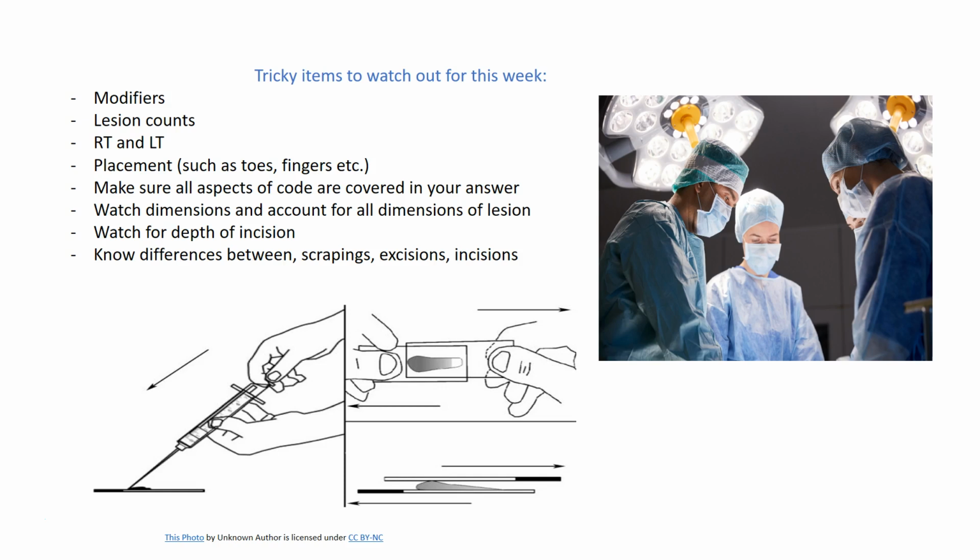Okay, so you might only have left foot, but you might not have the third toe. So if there's some designation as to where it was or how many it was, etc., make sure you're accounting for that, because I've seen some folks doing some of those problems and missing out on that.